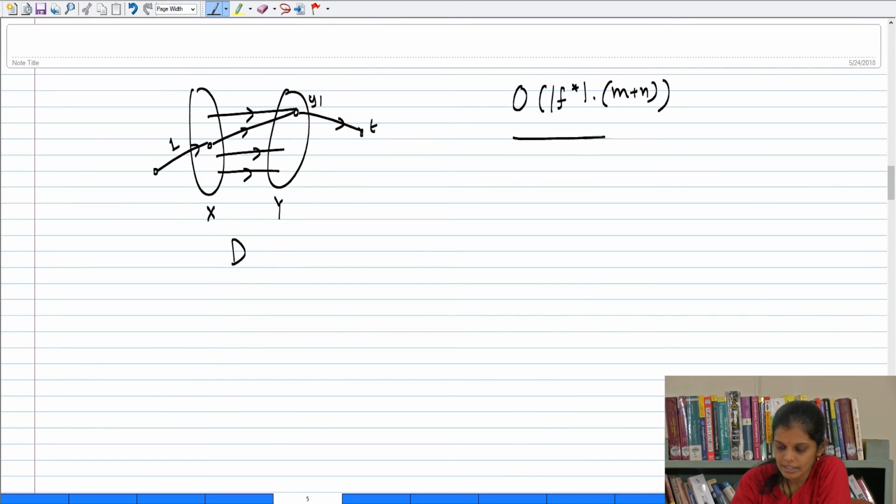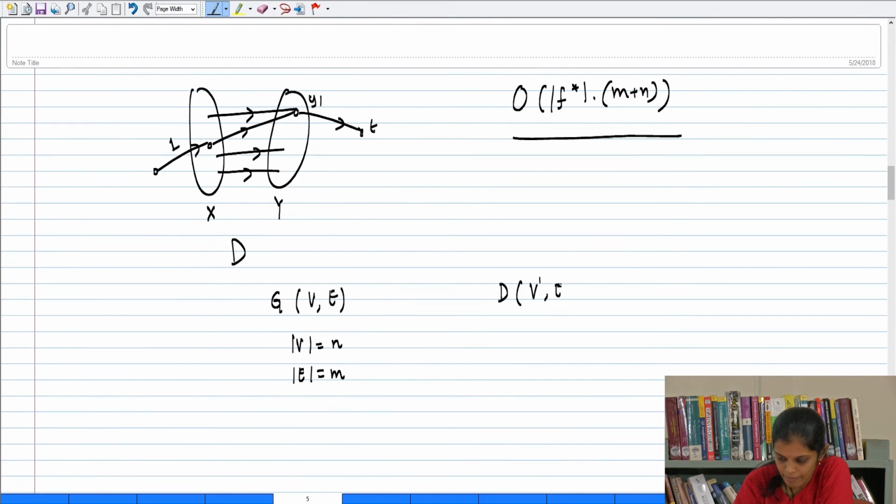So to make the distinction clear, we will say that G, which is a bipartite graph, has V equal to n, E equal to m, and we will call the flow network V prime, E prime. We need to ask what is the size of V prime in terms of V. That is, how many vertices do we have?